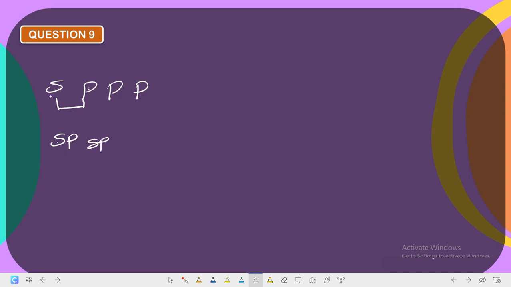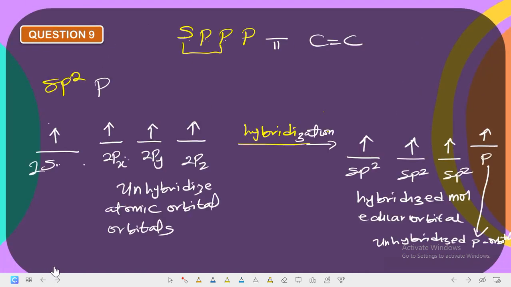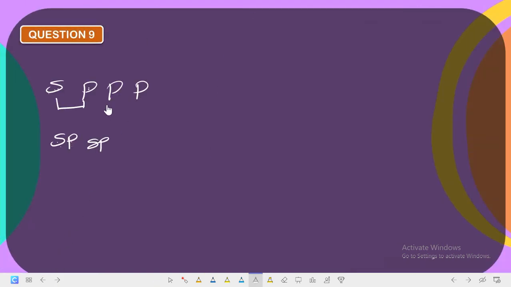So 2 atomic orbitals hybridize to form what? 2 molecular orbitals. And 2 what? These 2 now, they are what? Unhybridized. They will form what? Double bond, double bond. That is why sp hybridization is usually formed in molecules with at least triple bonds.